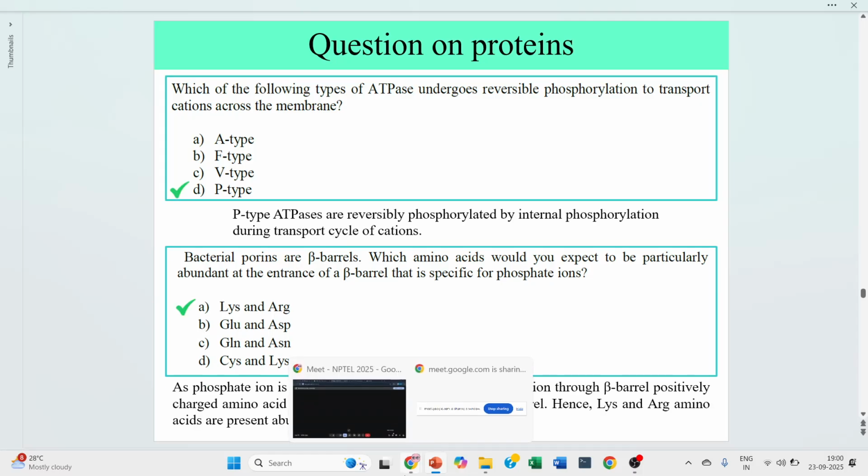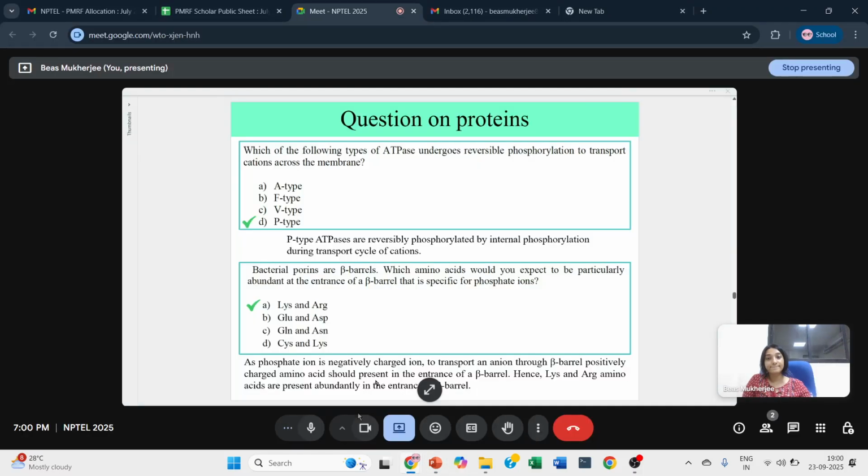Okay, so we have the answers here. See, P-type ATPases are reversibly phosphorylated by internal phosphorylation during the transport cycle of cations.